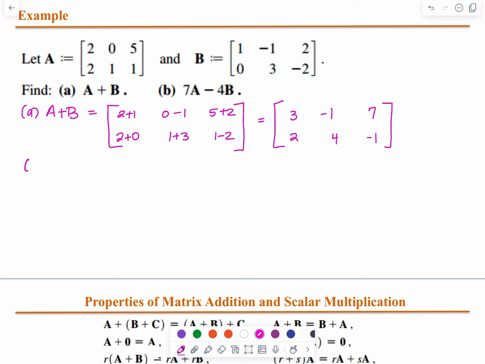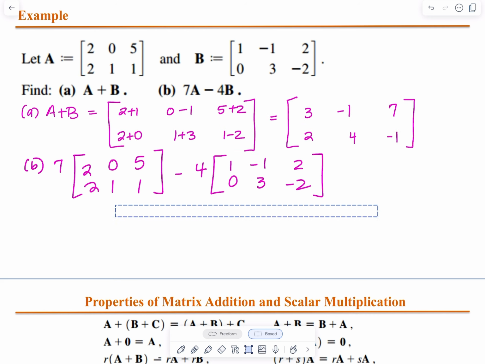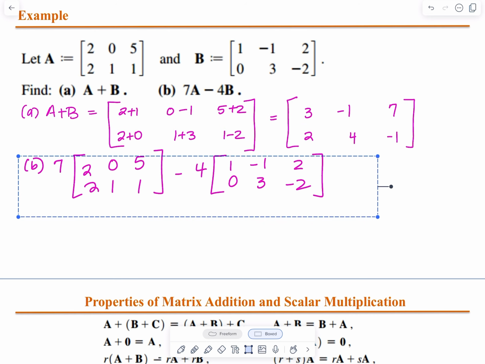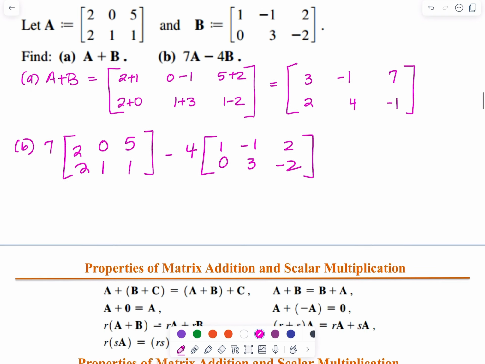So here we have 7 multiplied by matrix A minus 4 multiplied by matrix B. So here we will have 14, 0, 35, 14, 7, and 7.